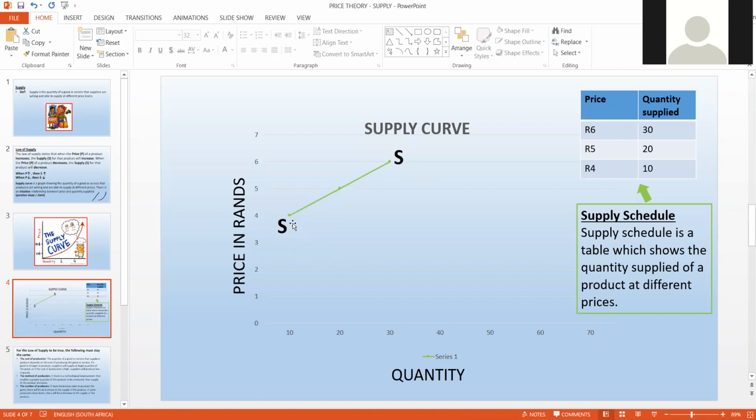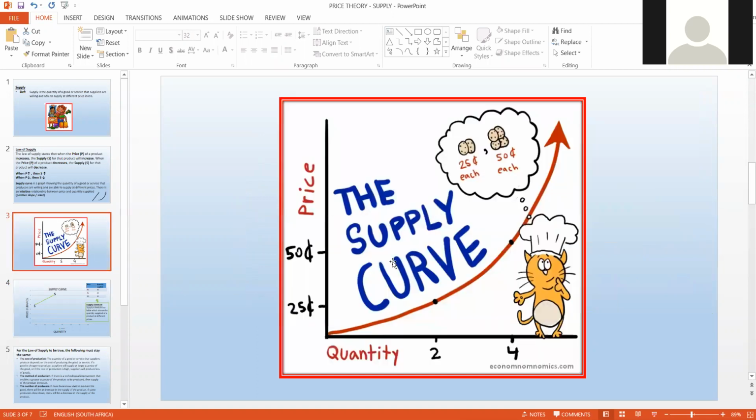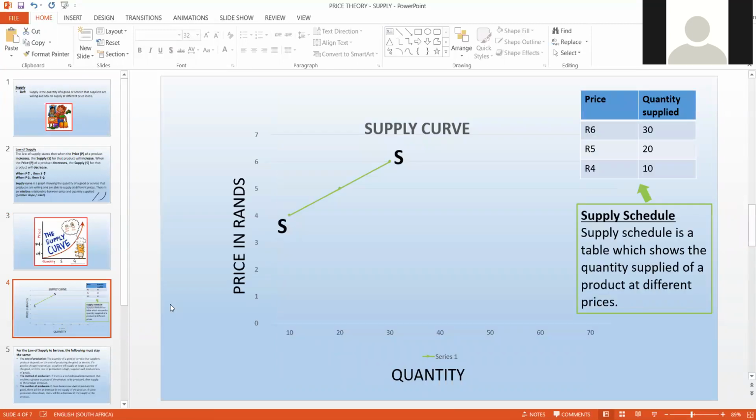We normally indicate, as with demand, S and S on either side. So can you see that this is now positive? I think I must show it this way if I'm on the video, and compare it then to last week's one, where the demand curve was the opposite. This one is a straight line, but you can also have one that goes with a little curve like we had here. It entirely depends on the product and obviously what the supplier is willing to supply.